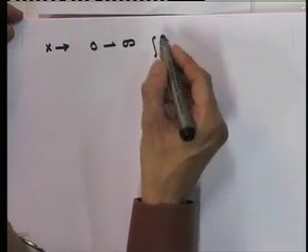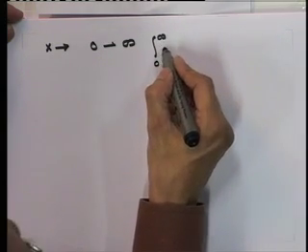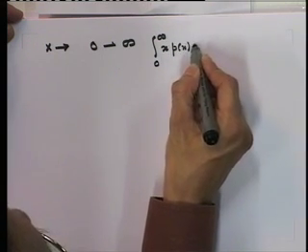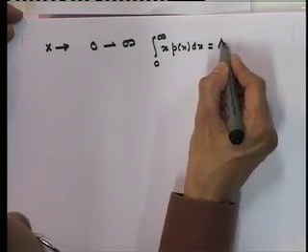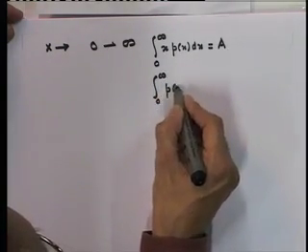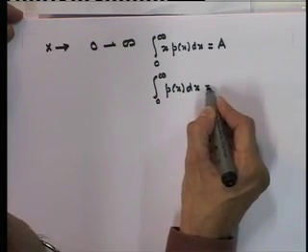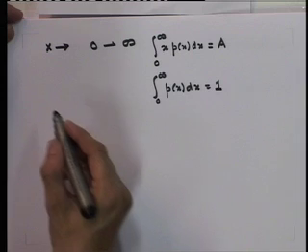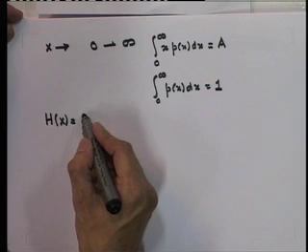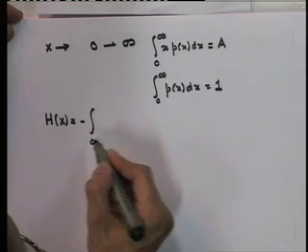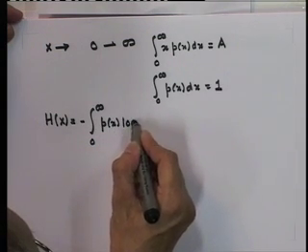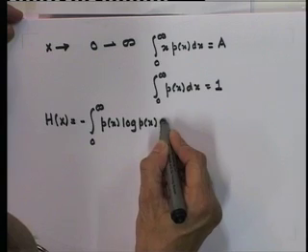So, we have the constraint integral from 0 to infinity of x p x dx is equal to a and integral from 0 to infinity of p x dx is equal to 1, and we want to maximize the differential entropy given as minus integral from 0 to infinity of p x log p x dx.